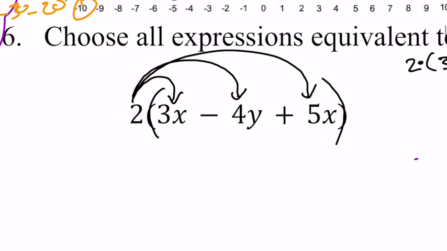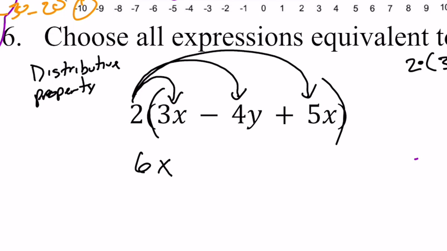And what do we call this? We call this the distributive property. So 2 times 3 will give me 6, and there's an X there. 2 times -4 is -8 with the Y. And then 2 times +5 is +10 and it has an X.